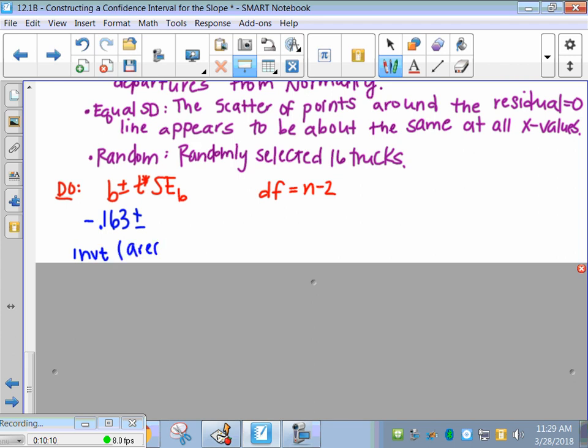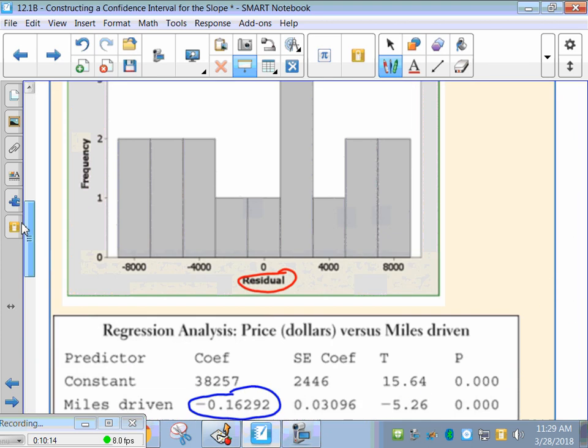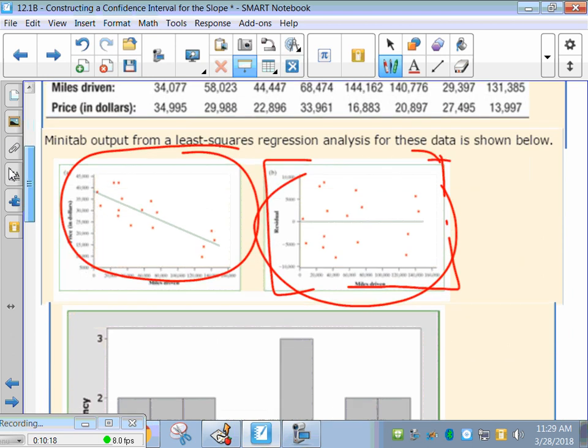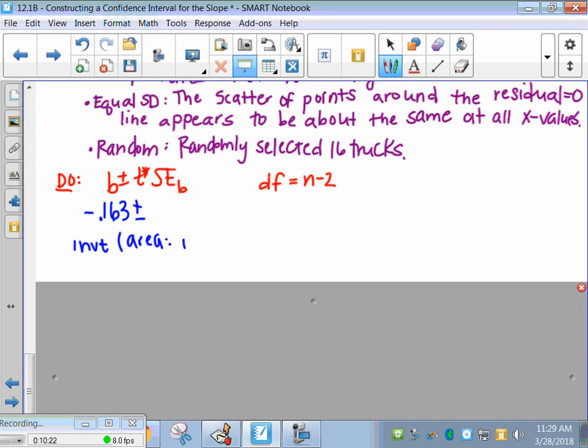And this time we're doing a 90% confidence interval, I believe. Yep. So we put in 0.05. And degrees of freedom is always n minus 2. We had 16 trucks, so 14. And for t star, we get 1.761.